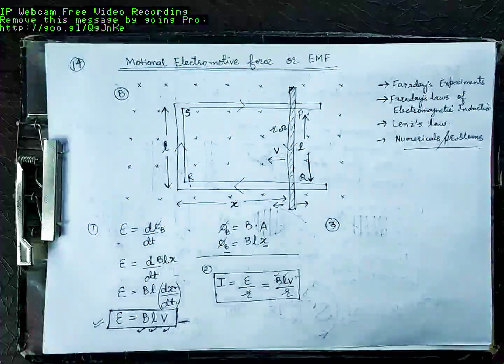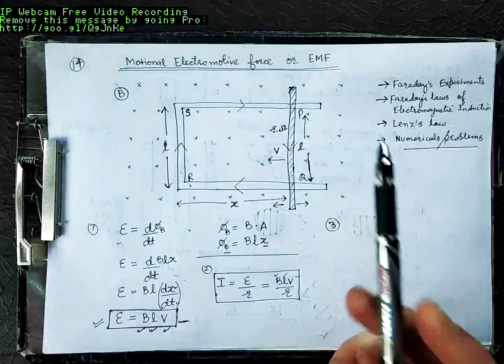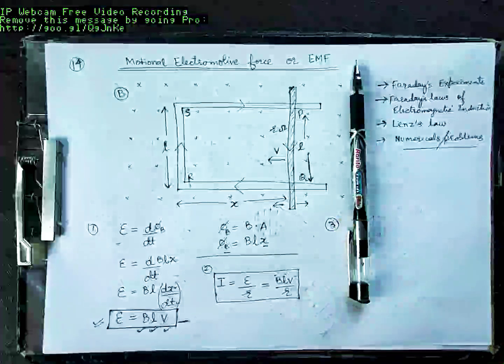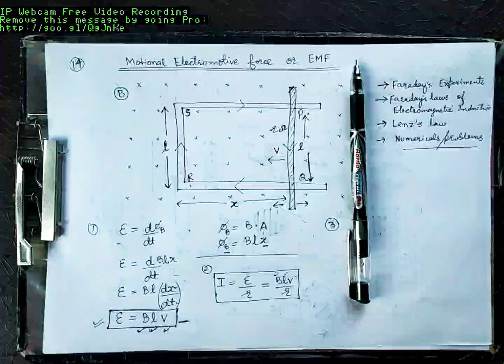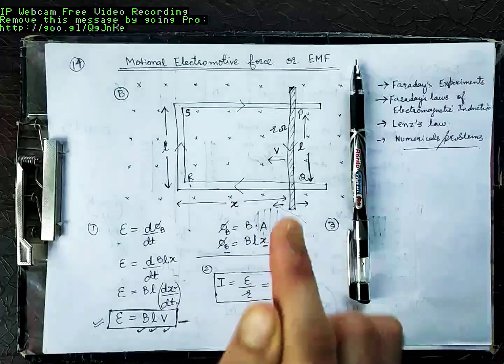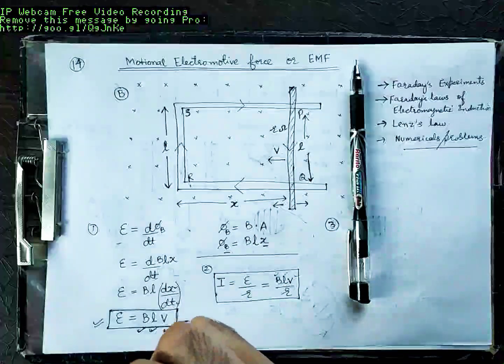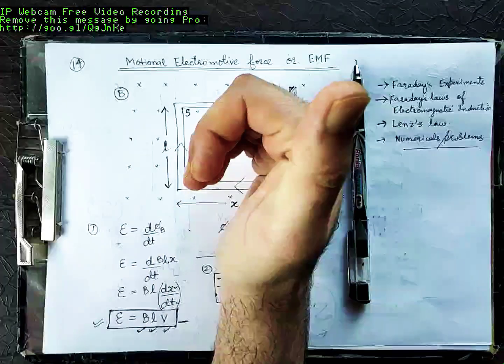Now we can directly answer this question. Had I moved this conductor not towards left but towards right, then flux would have increased. Increase in flux would have produced the induced current. Then the induced current will try to reduce the flux. So current would have been in anti-clockwise direction.